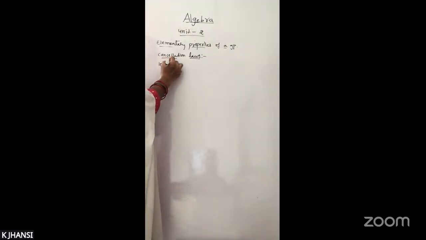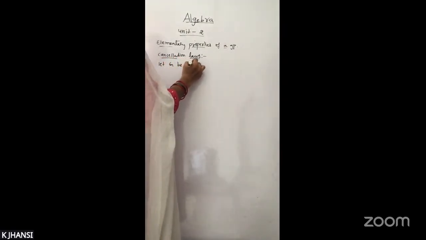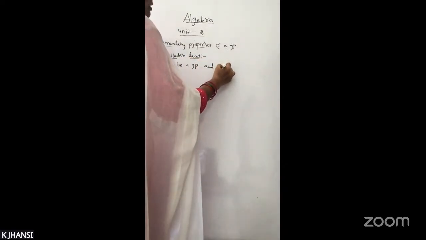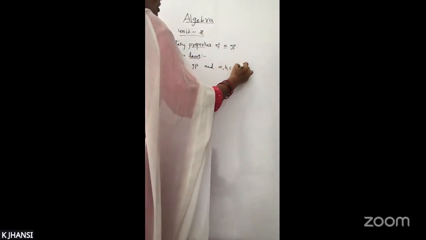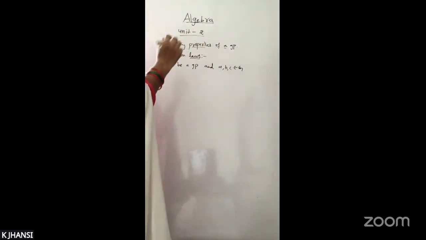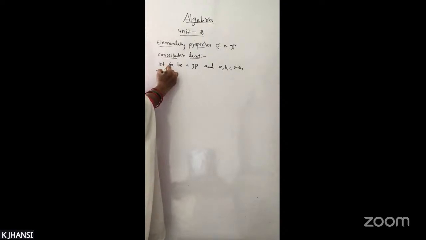Let G be a group and A, B, C belong to G. Then the following laws hold.